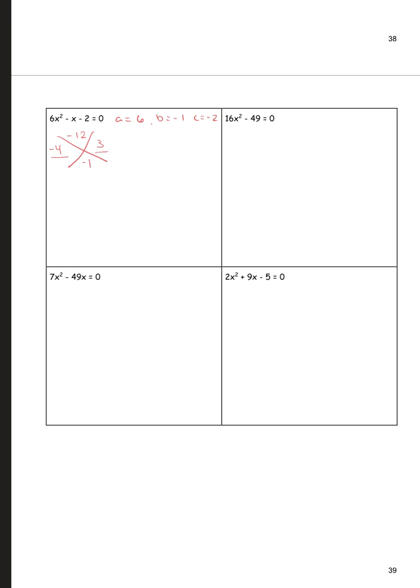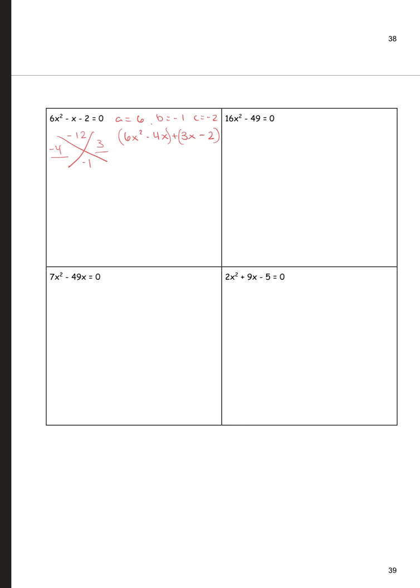Again, with factoring with a greater than 1, we have to plug those in. So over here on the side, I have 6x squared minus 4x plus 3x minus 2. I'm going to factor by grouping. You can also factor using the box method to help you.